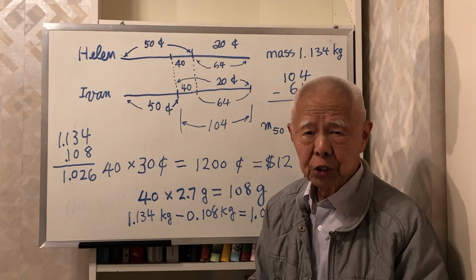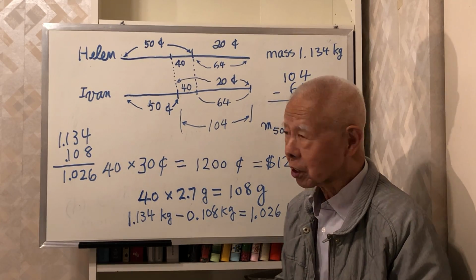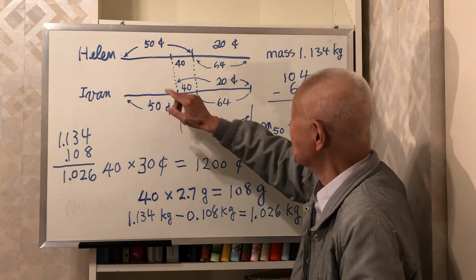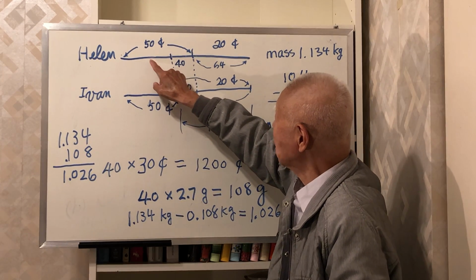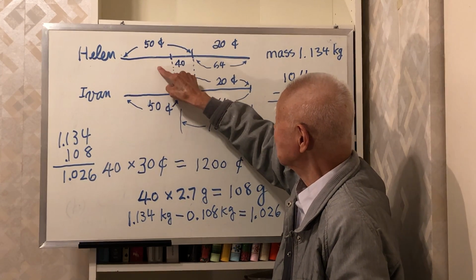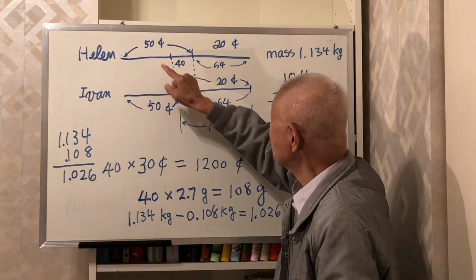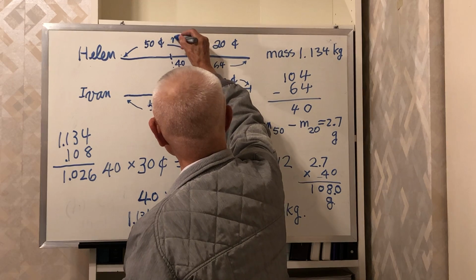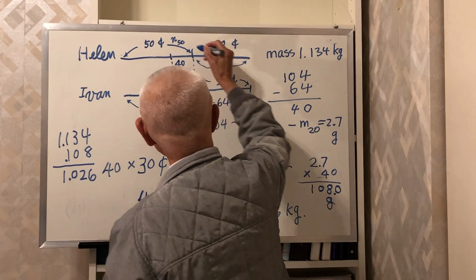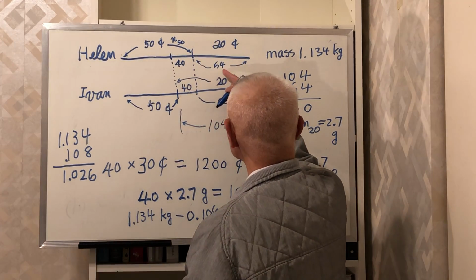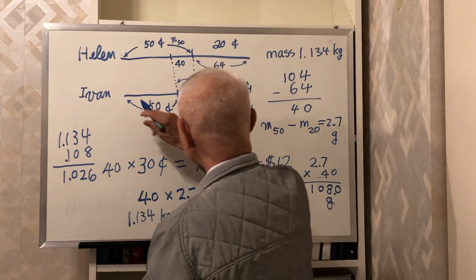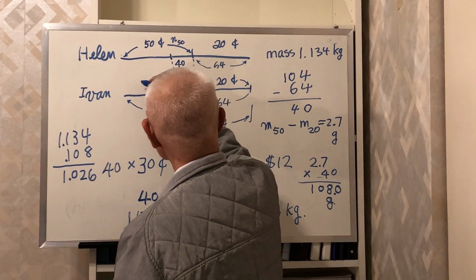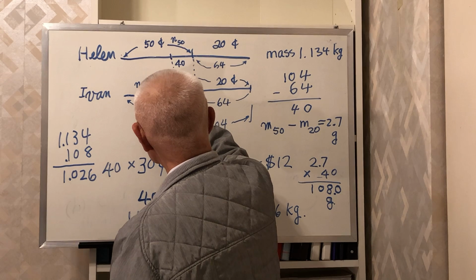If you want to use algebra to do it, you can use unknowns, the number of this is n, maybe n50. The number of this is n subscript 50. The number of this is 64, you already have. And the number of this is also n50.